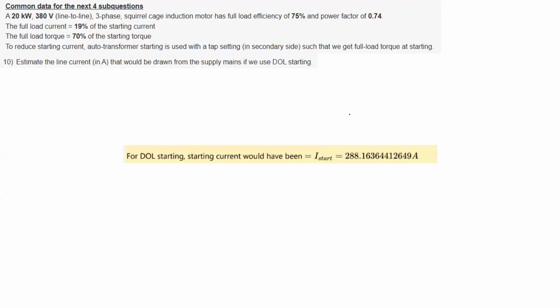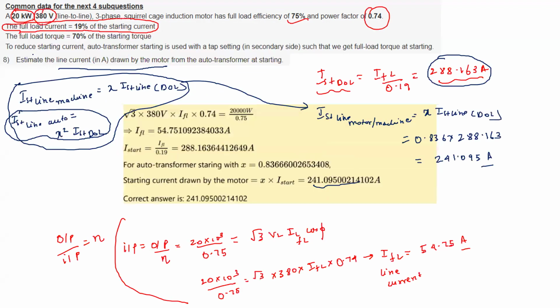Now they're asking you to estimate the line current that would be drawn from the supply if we use direct online starting. So whatever we calculated, first we found the full load current by using the output by input efficiency relation. Then in this relation of full load current to starting current, because there is no starting method used, we obtain the starting current DOL only.